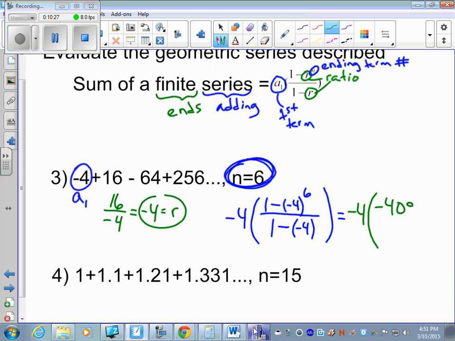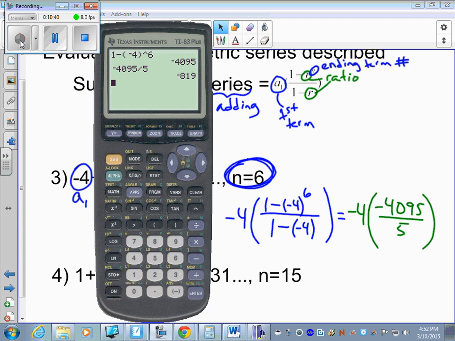The denominator, 1 minus -4, is 1 plus 4, so that's 5. Now that gets a lot simpler. Let's put that into the calculator. So I did -4,095 divided by 5. And now I'm going to take that answer and multiply by -4. And I get 3,276.